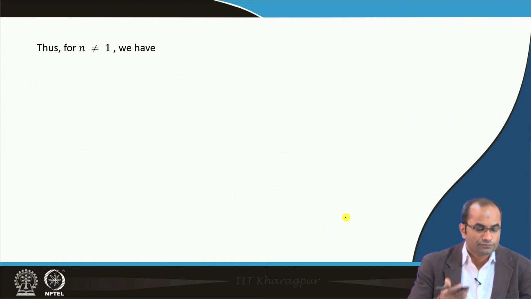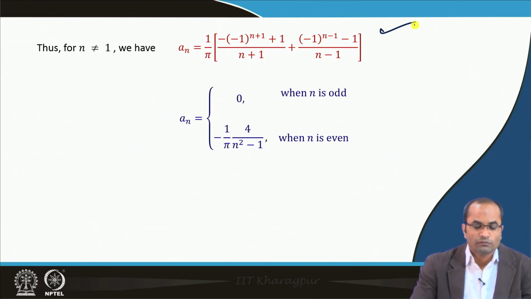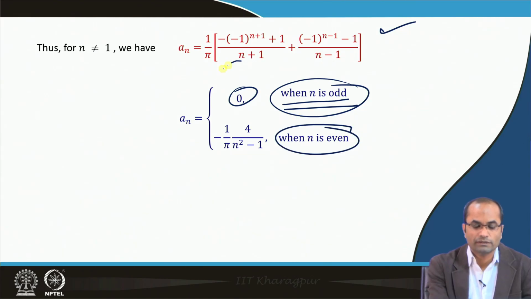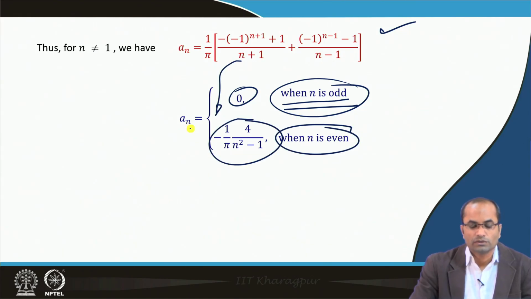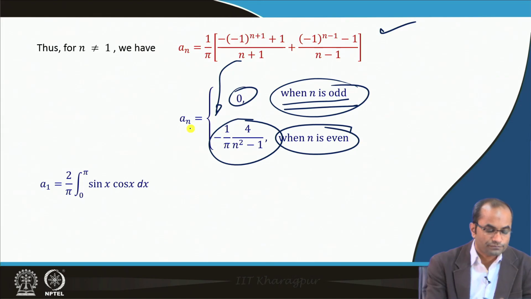So, for n not equal to 1, we have this formula, which can be further written in a more simplified form. When n is odd, this will become 0, and when n is even, this can be simplified to minus 1 over π and 4 over n² minus 1.